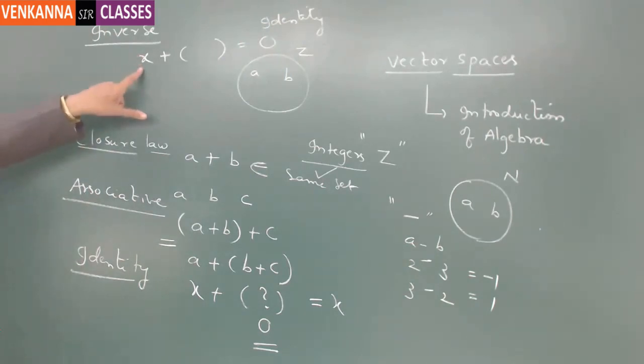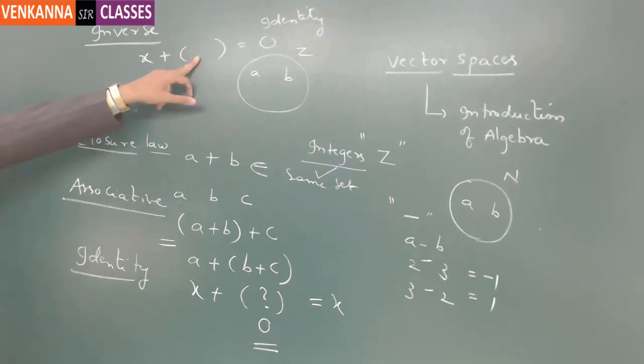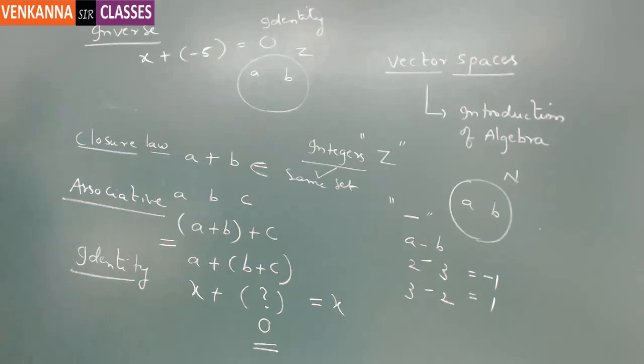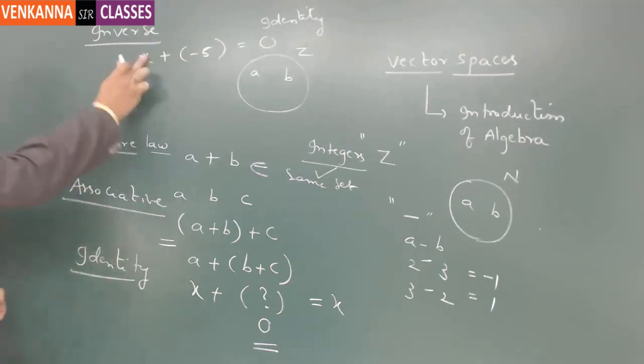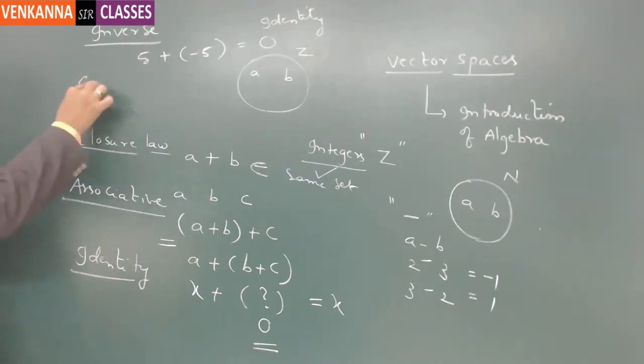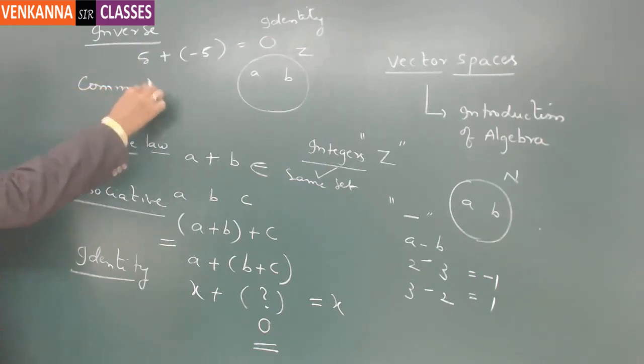So if I have taken 5, the integer value, what is the corresponding inverse I should take? Minus 5. Minus 5 is also an integer, so it will belong to the same set Z. It is called inverse property, right? And the last one I want to say is commutative.